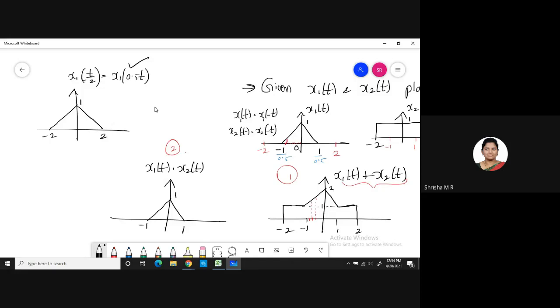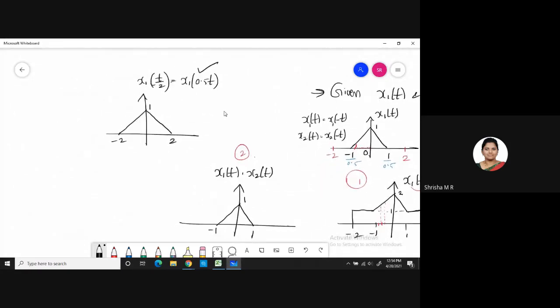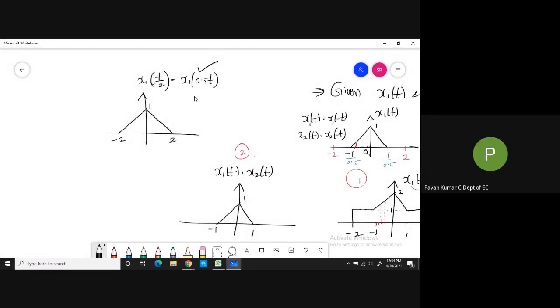Understood, everyone? You're following? Others, are you listening to what I'm teaching? These are all important concepts. So I will tell you one more thing. If you have x1 of 2t, from where to where will the signal exist? I'm scaling it with an integer, so you do -1 by 2 and +1 by 2.